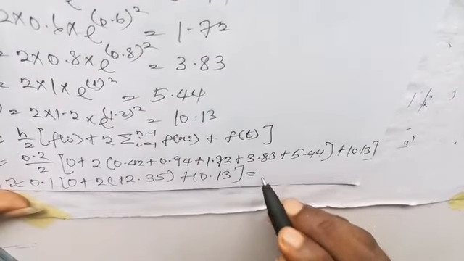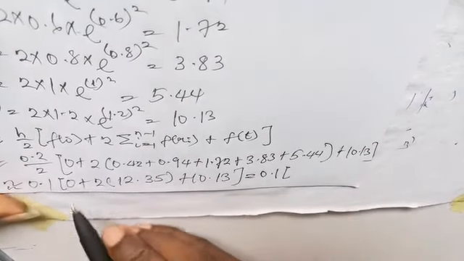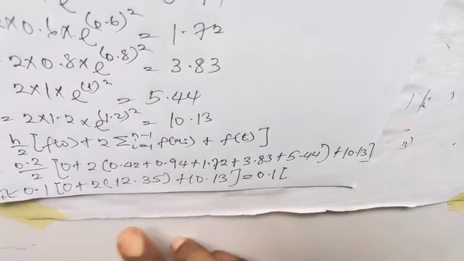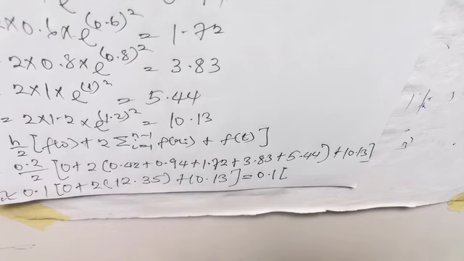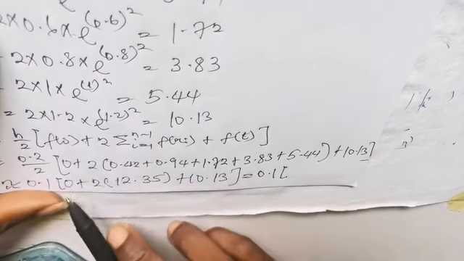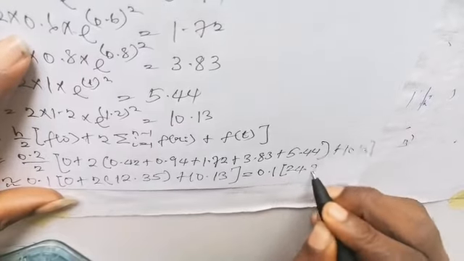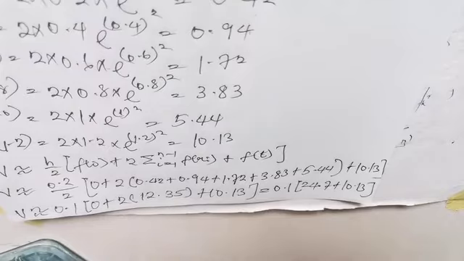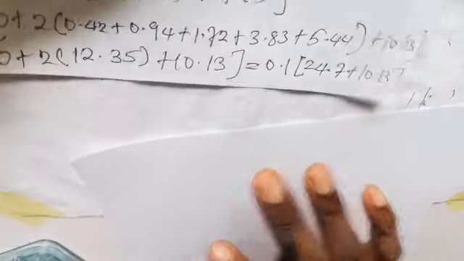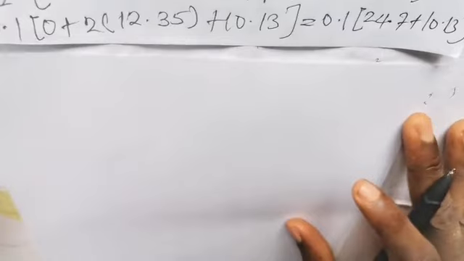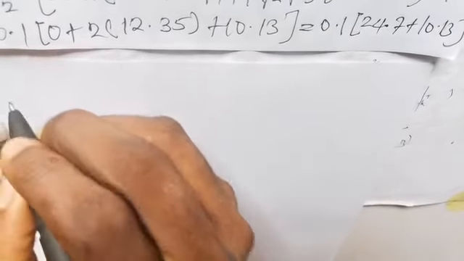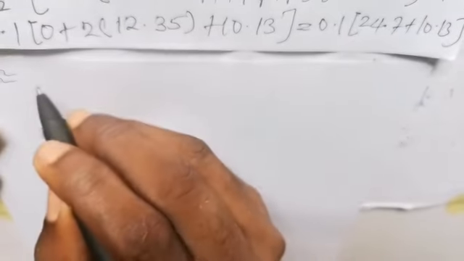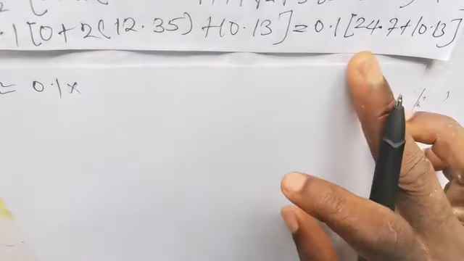This is equal to 0.1 multiplied by 0 plus, anything with 0 is off, so I multiply the bracket by 2: 12.35 times 2 gives 24.7.